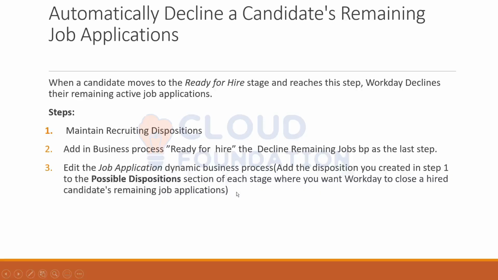So for generally all stages you have to mention it explicitly, not only by giving it in one stage. It will be possible to give the reasons, because a recruiter will get a notification to approve the declining of the remaining jobs. So he has to give a particular reason over there. That reason will only populate if we add it in the job application BP.